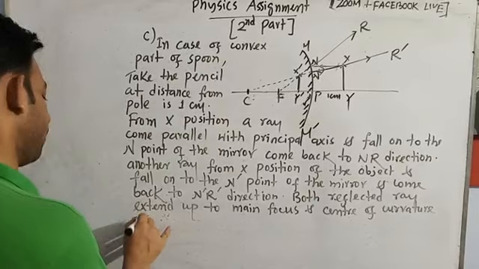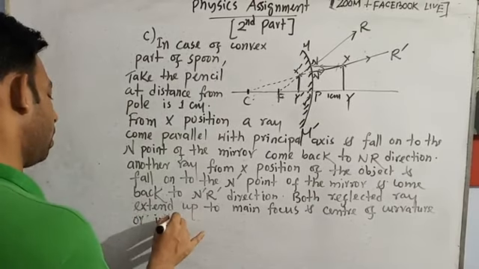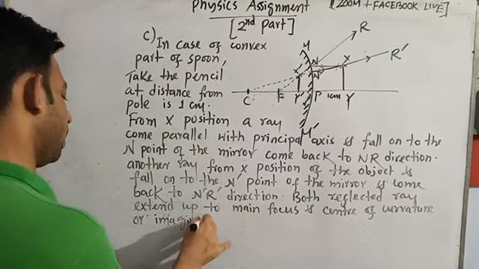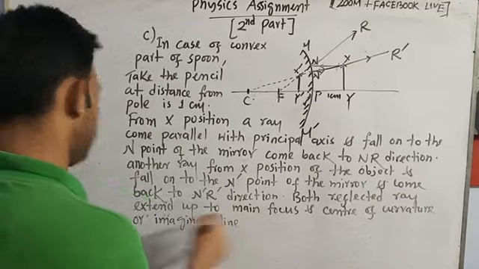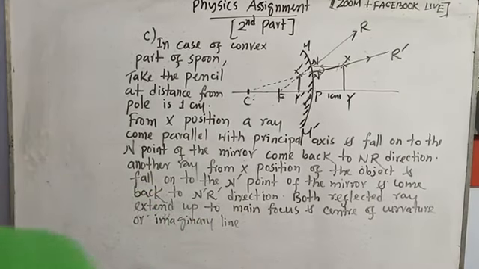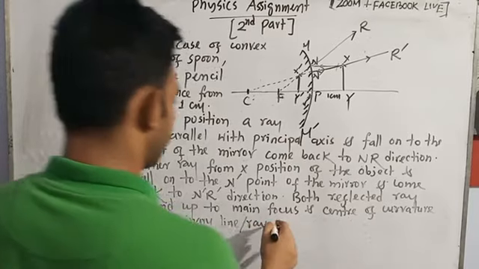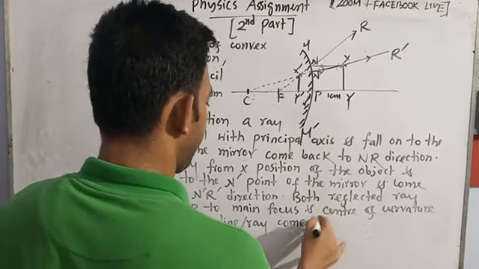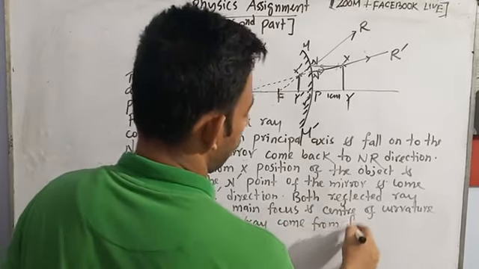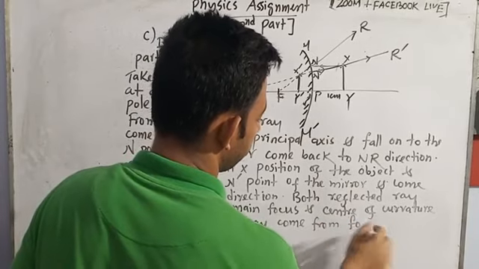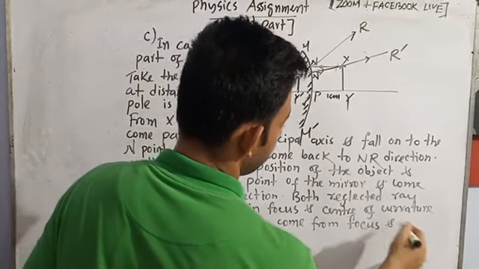Or we can say an imaginary line or ray comes from the focus and center of curvature.